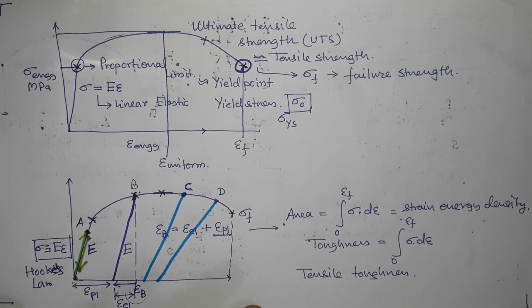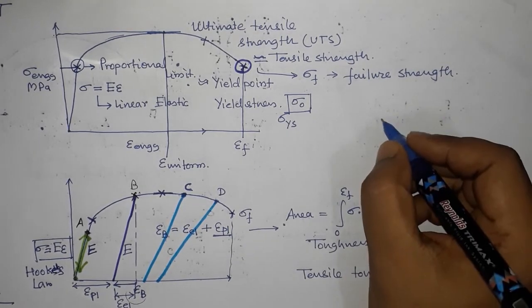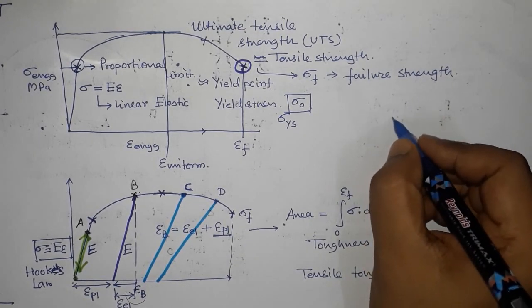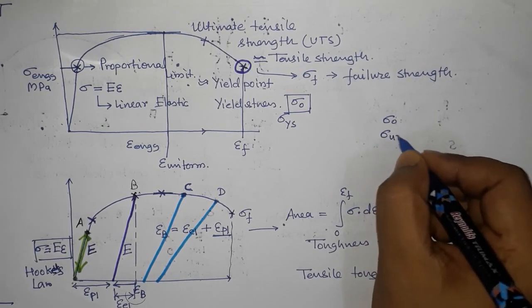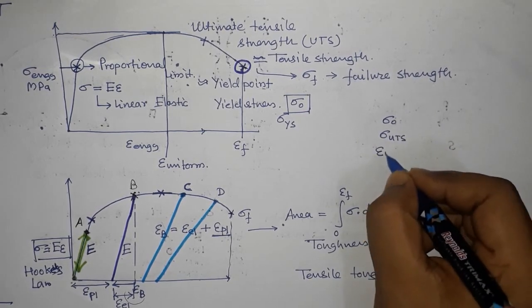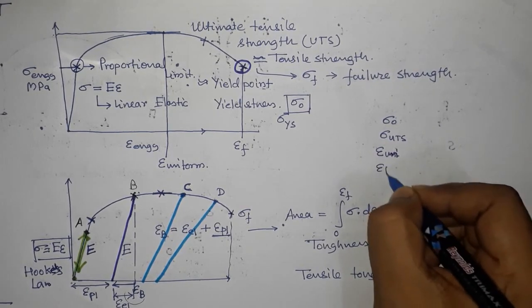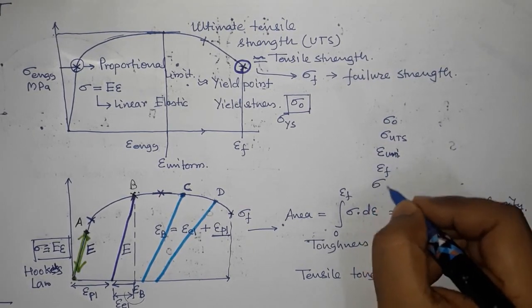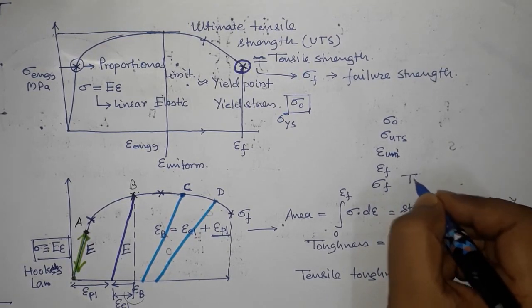So when we do this testing, we can get a lot of information. What are the properties which we get? We get the yield strength, we get the ultimate tensile strength, we get the uniform strain, we get failure strain, we get failure stress, right? And we get toughness.